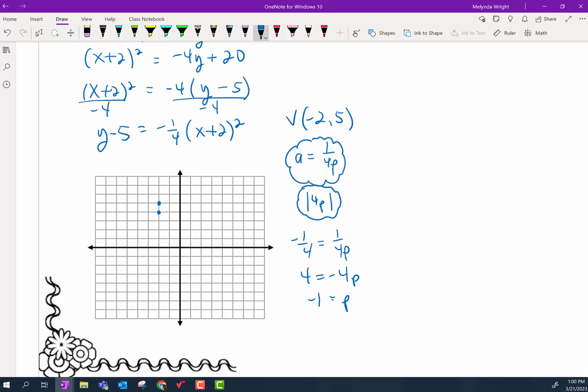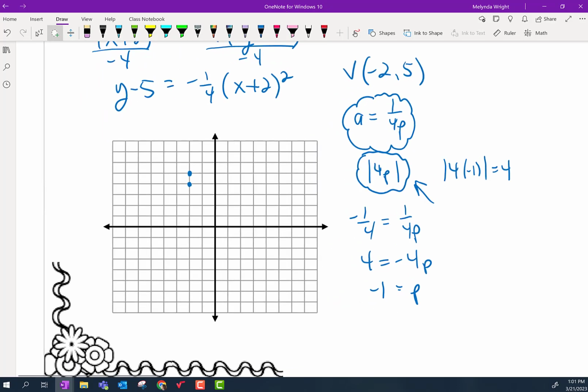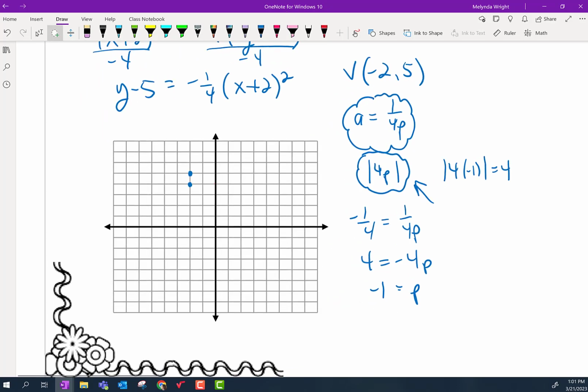To find the width of the parabola, I would substitute P into this little formula, which I would have memorized, is 4. So that means I would go 2 spaces to the left of the focus and 2 spaces to the right of the focus, and that's going to tell me how wide to draw my parabola.